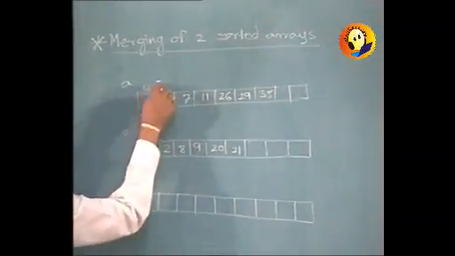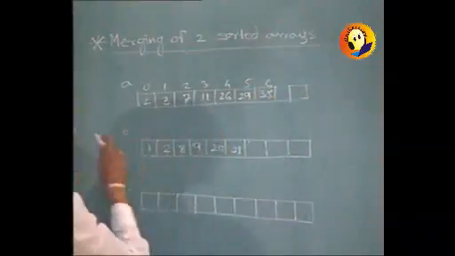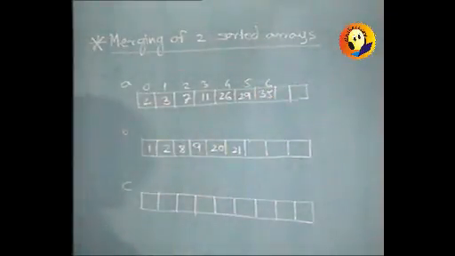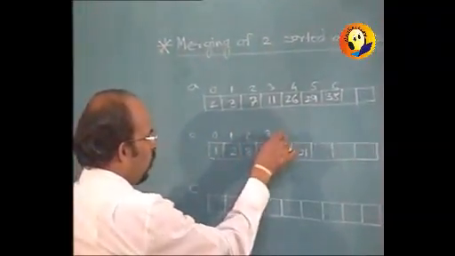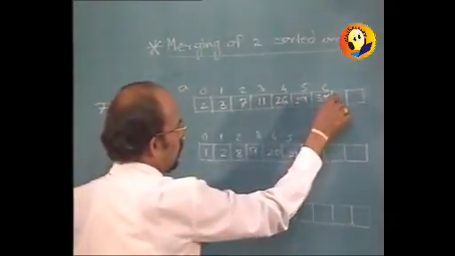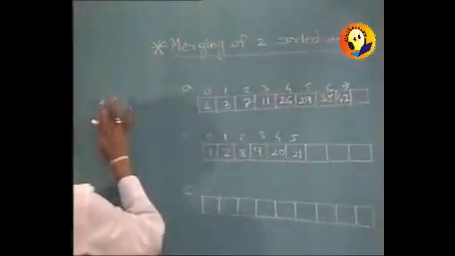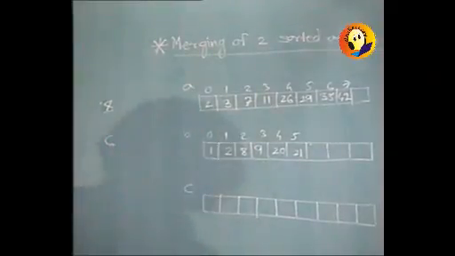So this is from position 0 to 6, in all 7 elements in array A. 0 to 5 in array B. Let us add one more, say 42. So 8 elements in array A, 6 elements in array B.